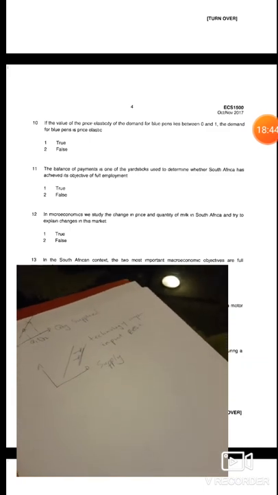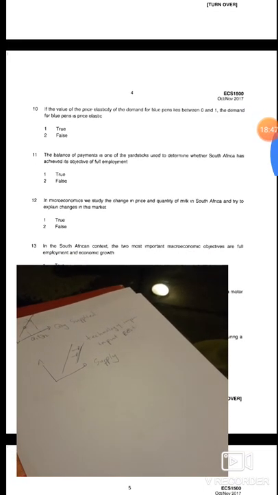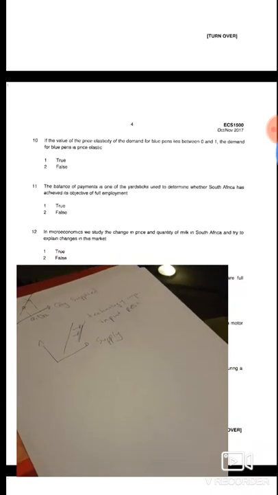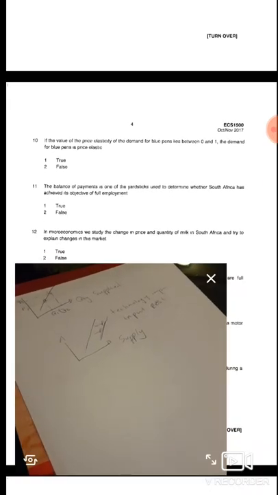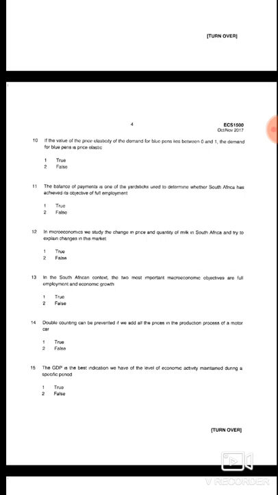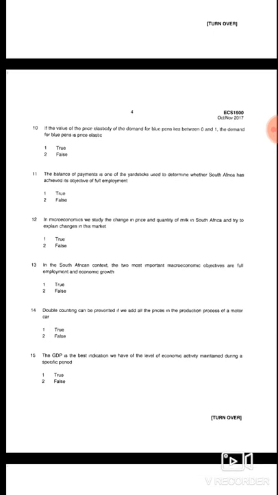So, question number 10: if the value of price elasticity of demand for blue pens lies between 0 and 1, the demand for blue pens is price elastic.